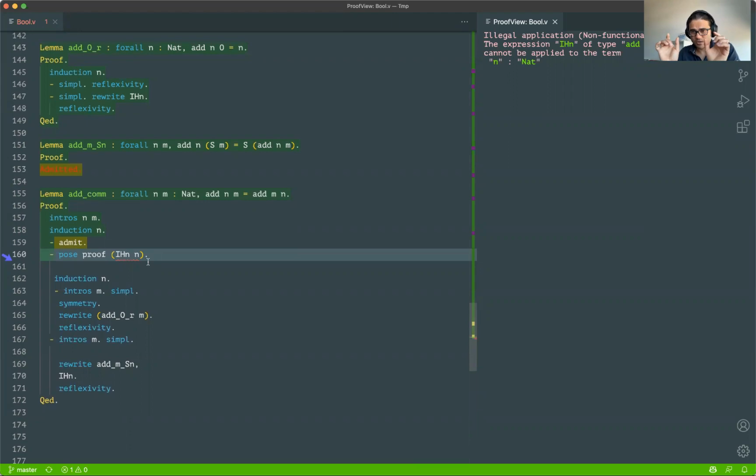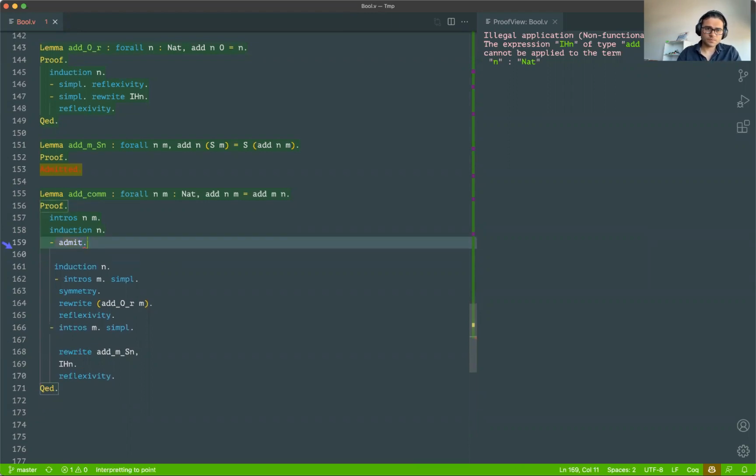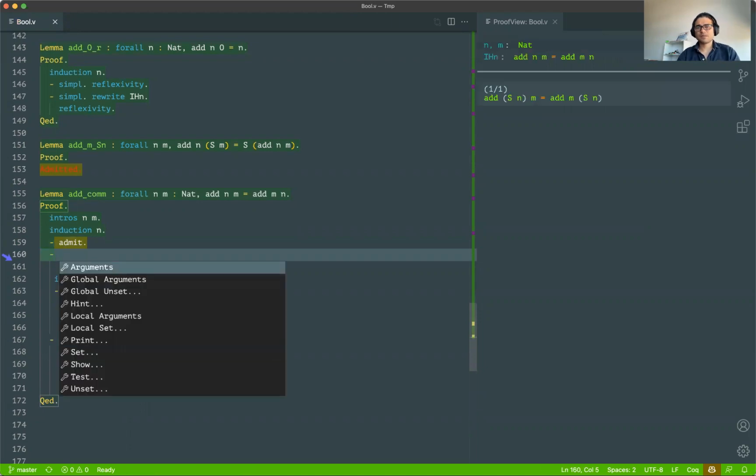It's now a term, and it can't be applied to any argument. So you need to keep these things in mind: you should try to keep your induction hypothesis as general as possible.